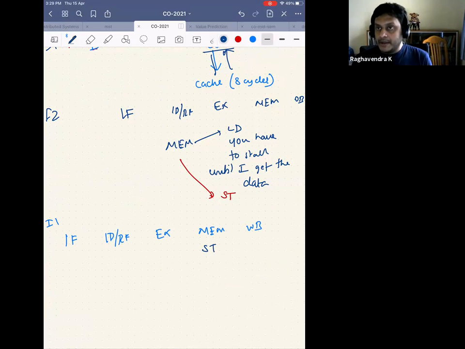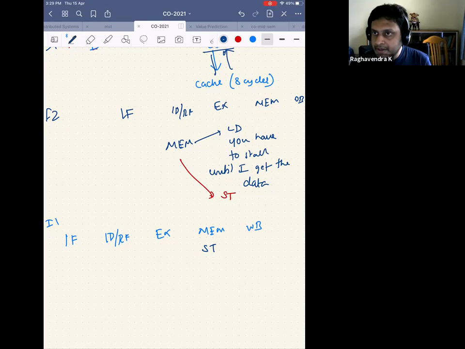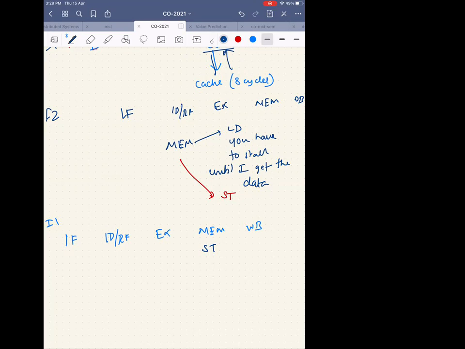Let's say the store has been issued. Do you have to wait for the store to write to the cache or the main memory before allowing the next one? No, because I'm not writing anything to the register. But can I just forget the store?